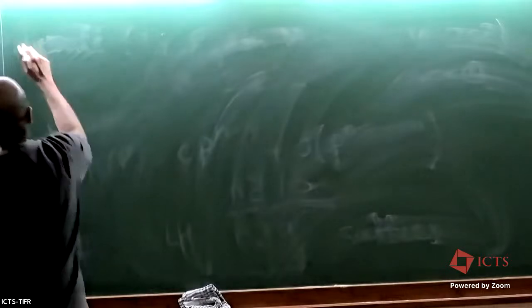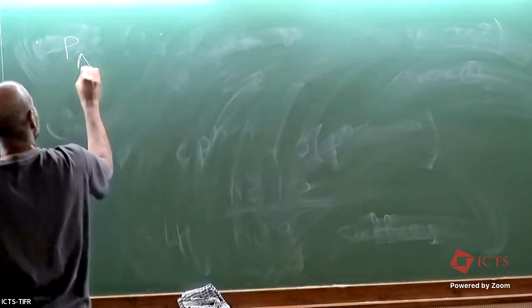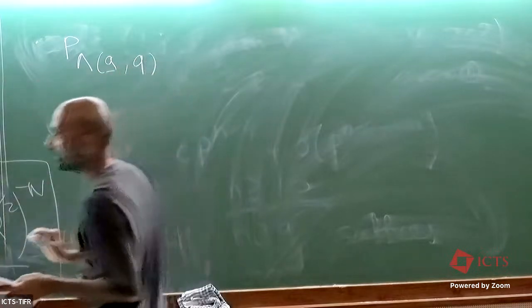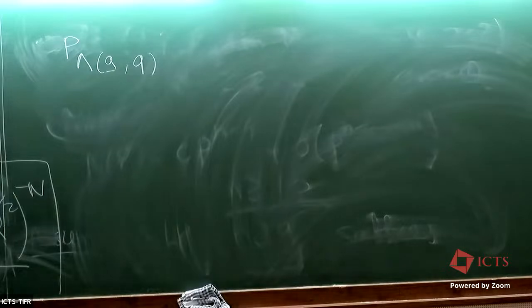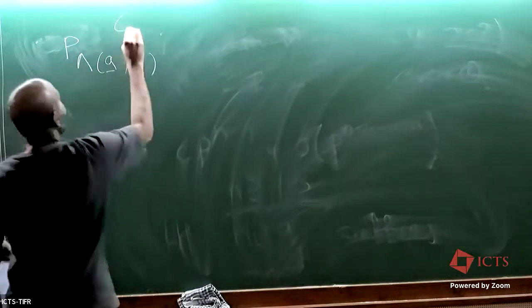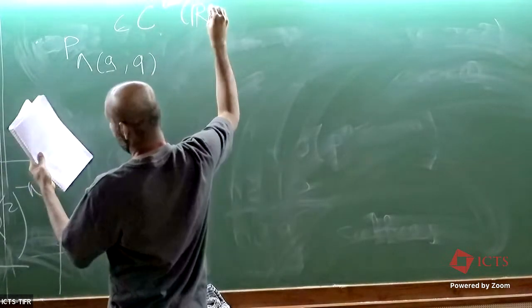Okay, a bunch of comments. So first of all, as I said, these functions are smooth. Did I say that? Okay, so of course they are smooth functions on R^2.